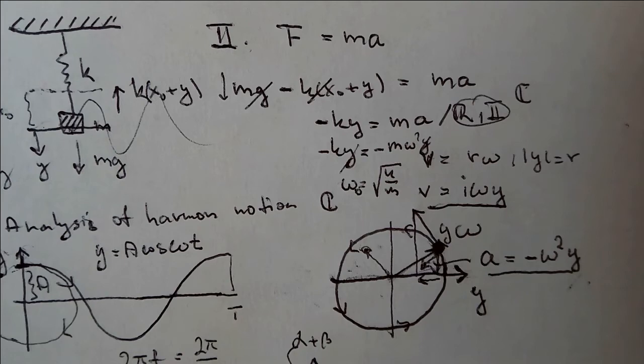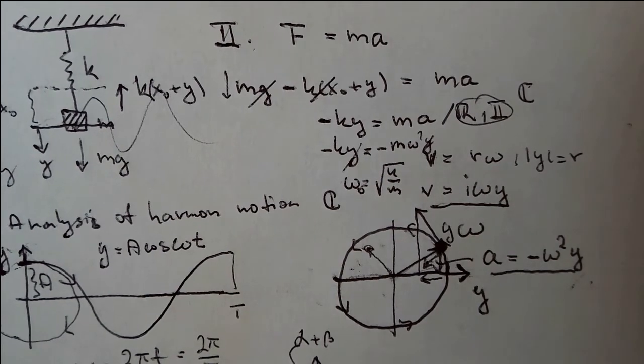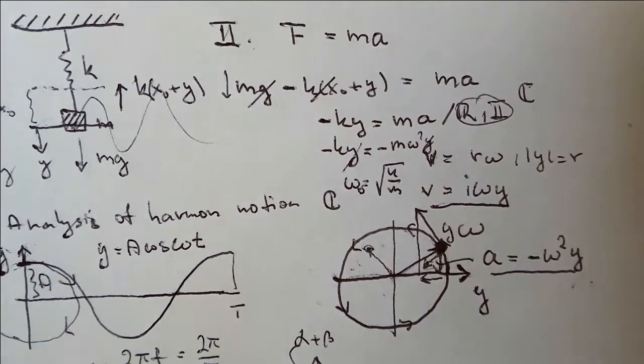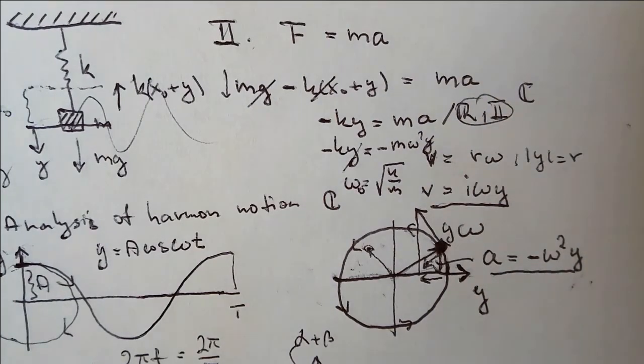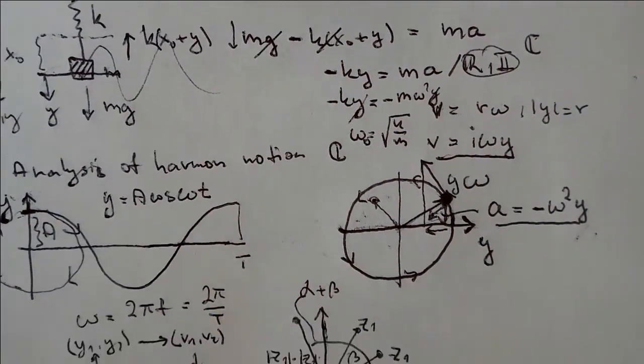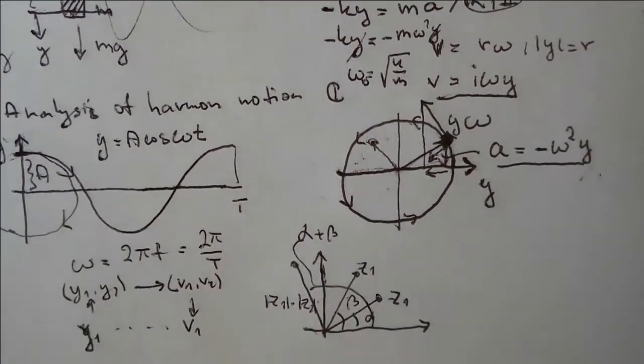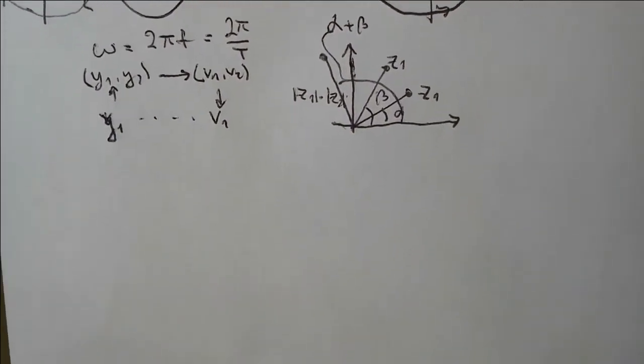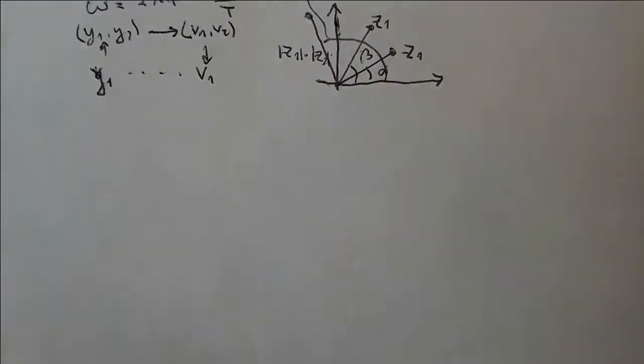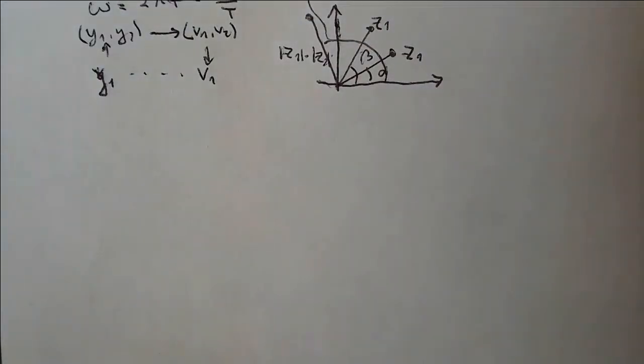So now we are fully prepared to tackle the problem of the moving spring with damping first, and then I will show you how to derive the resonance curve. What I'm going to do now is add to our problem.